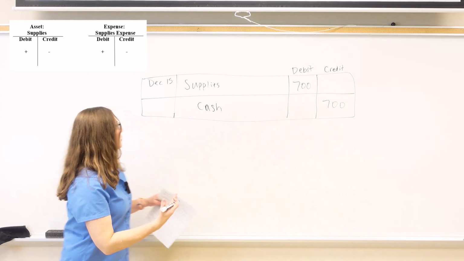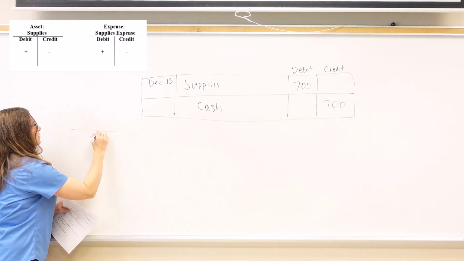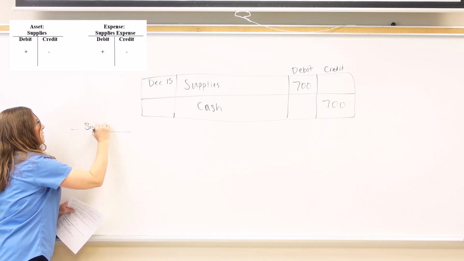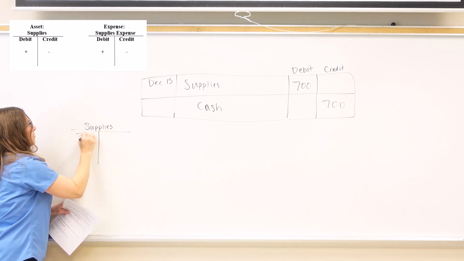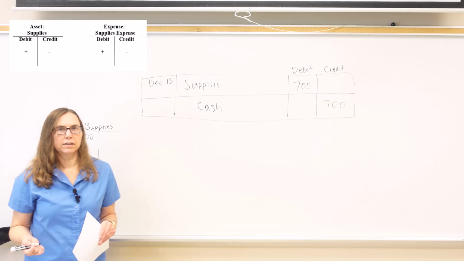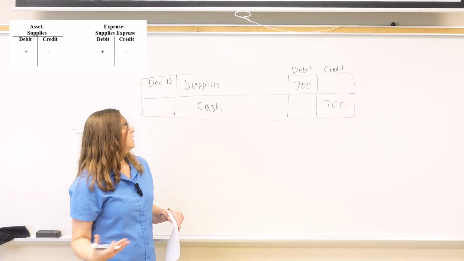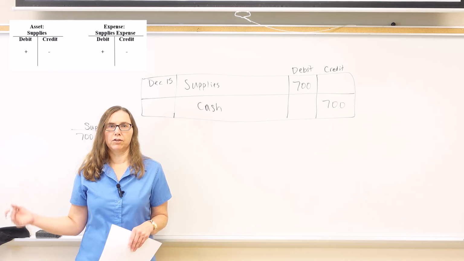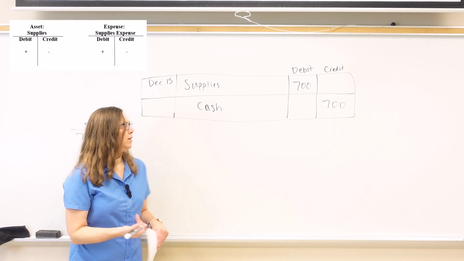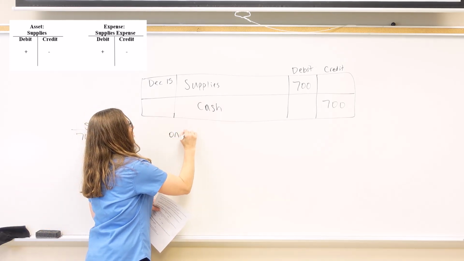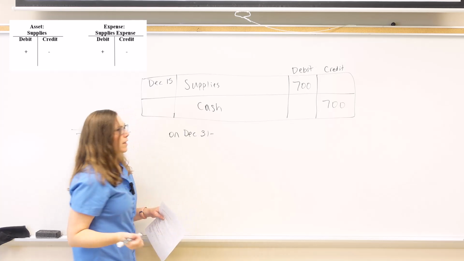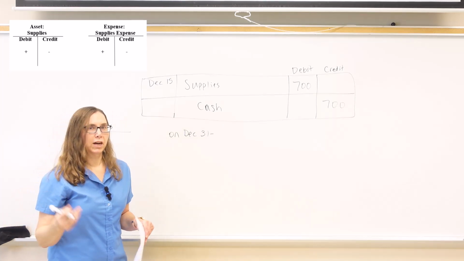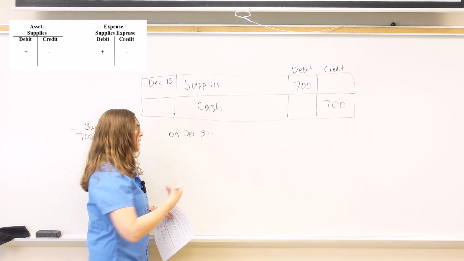And then you would have a T account with supplies with $700 on the debit side. And then at year end, when they do their adjusting entries, they would look at how much they have left over in the supplies cabinet. So let's say on December 31st, they counted $200 of supplies remaining in the supply cabinet.